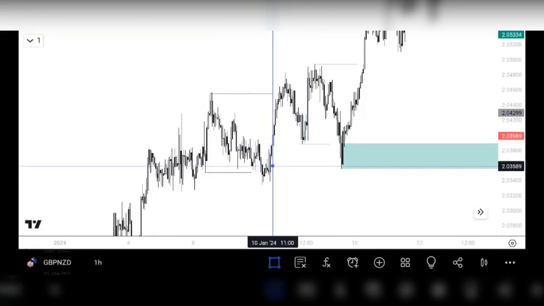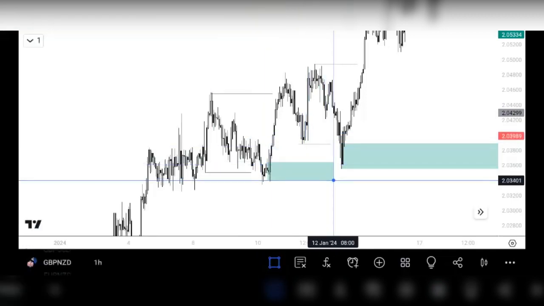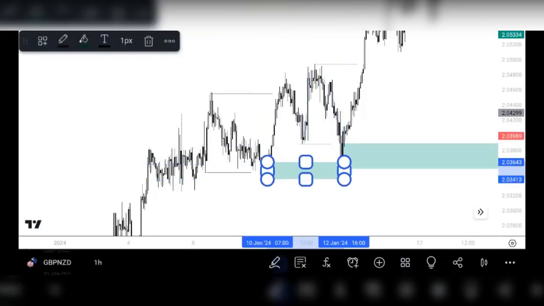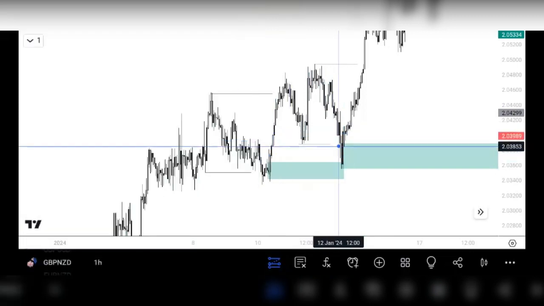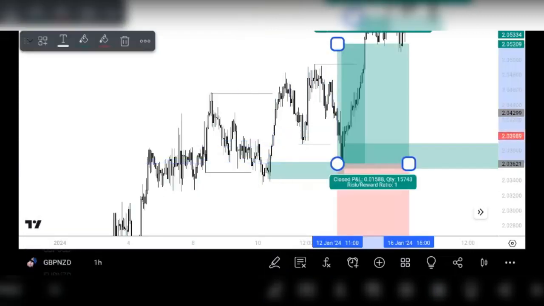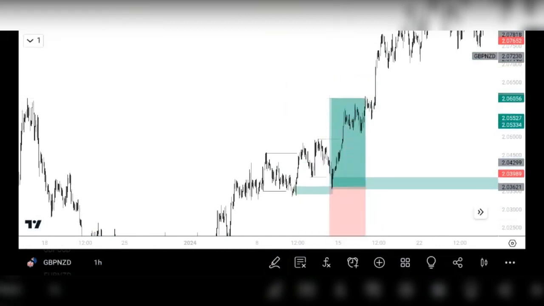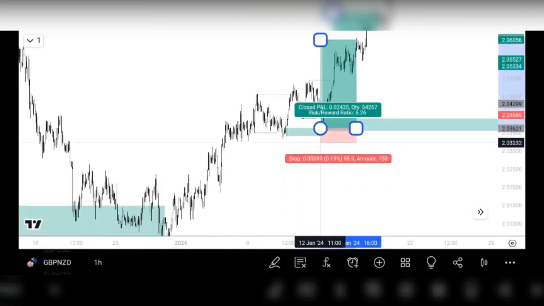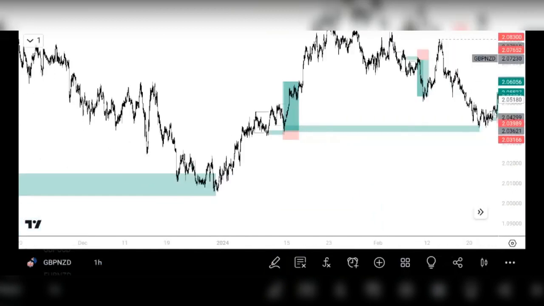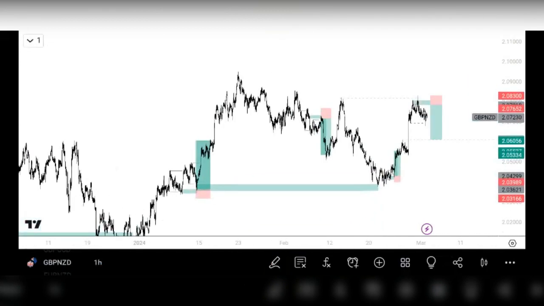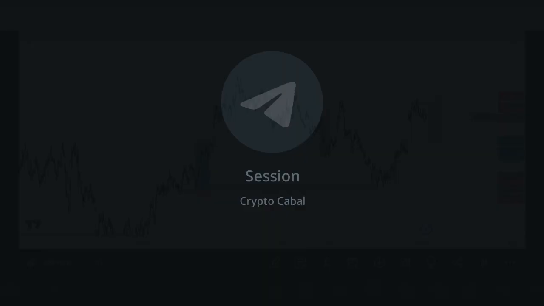We always have our entry at this point. Then we have our position from that point to the upside. Something like this. We target this point and we have our stop loss below that level. And that is how to trade the SBI model. It's very simple. All you have to do is just practice it properly before putting it on a live trade.